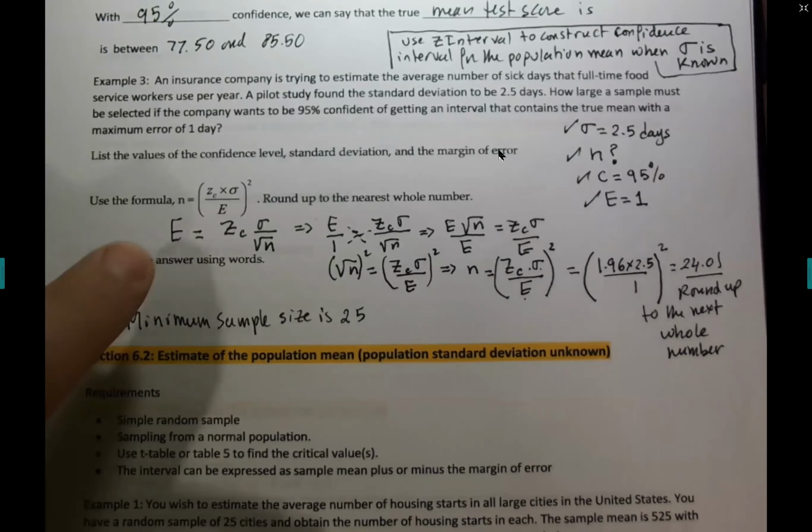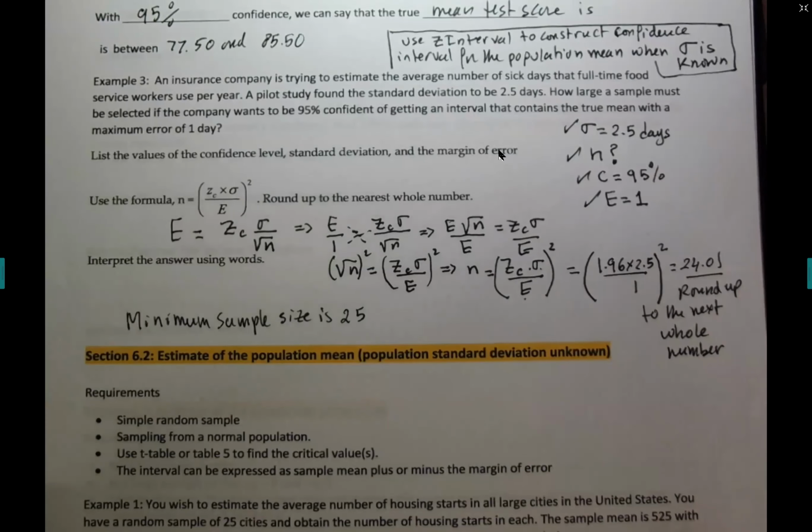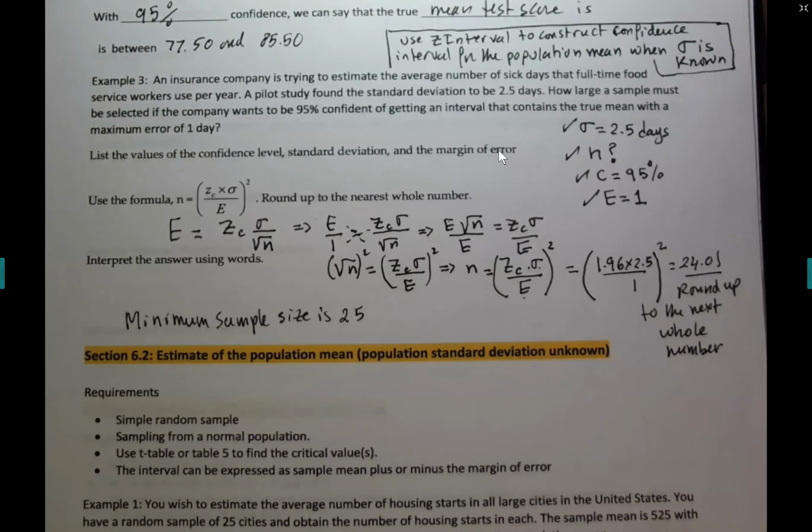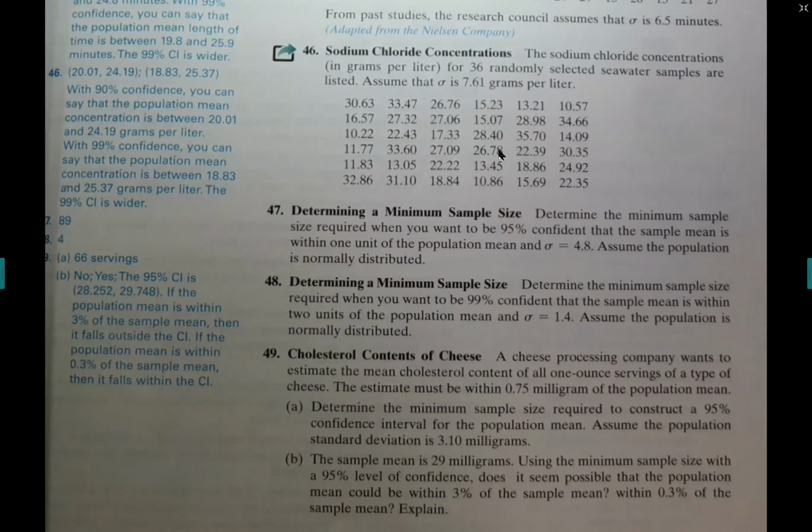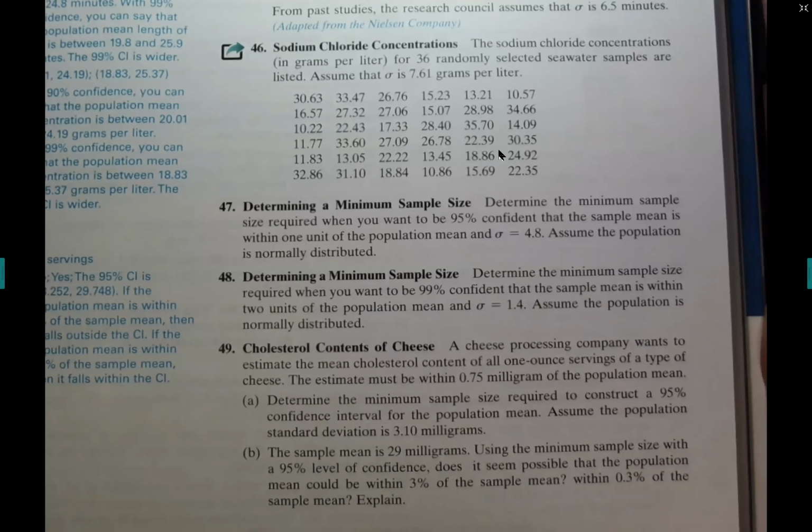So this is the second part of section 6.1, guys, and I'm going to do another example with section 6.1, just to show you how to use this formula. I'm going to pick one exercise from the book. It's on page 307, guys.